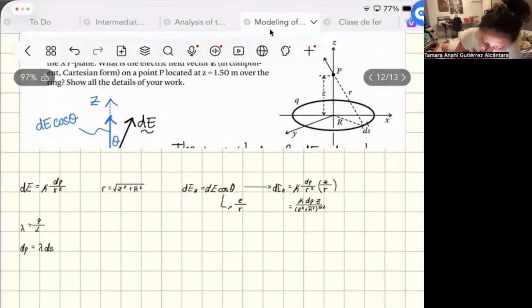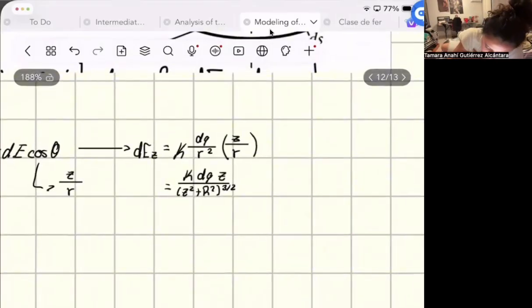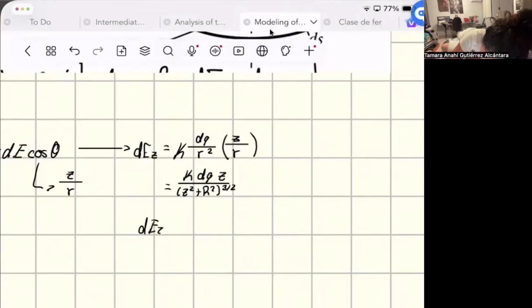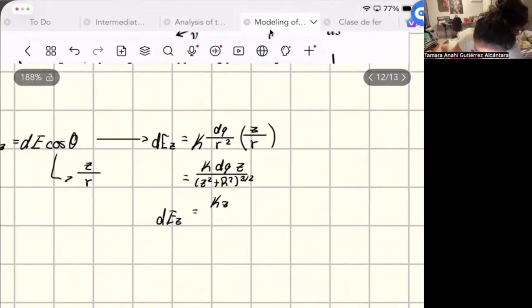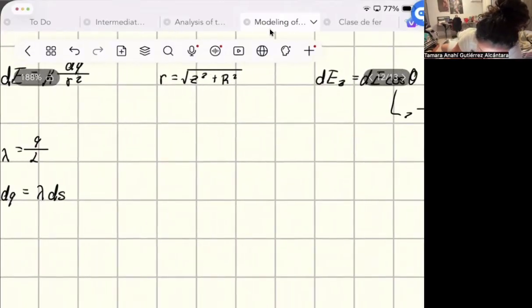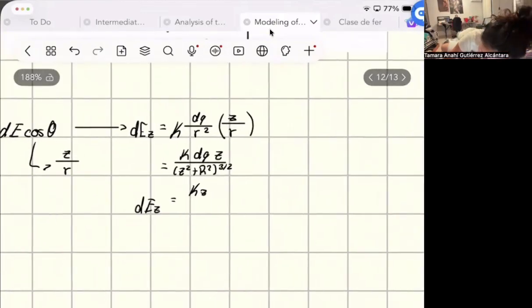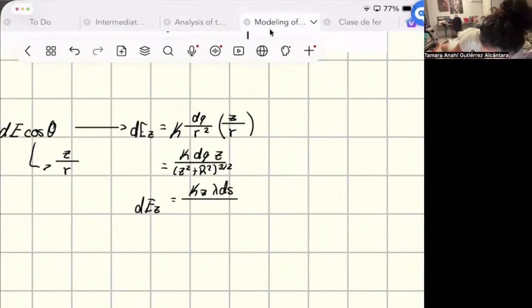This means that dEz equals k z times lambda ds over, just the same, (z squared plus R squared) to the 3 over 2.